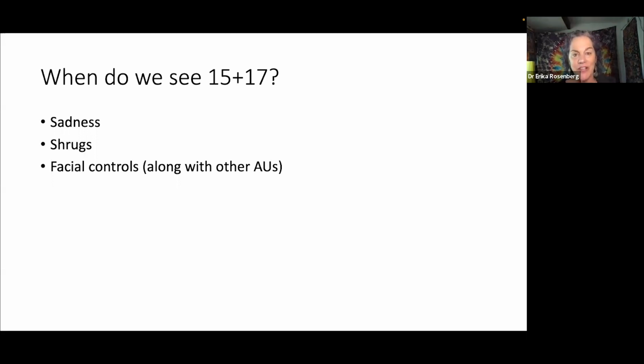An experienced FACS coder should be able to look at any facial expression and tell you the AUs that are comprising it. And conversely, they should also be able to see a string of AUs on a page and be able to see what that face looks like in their mind.